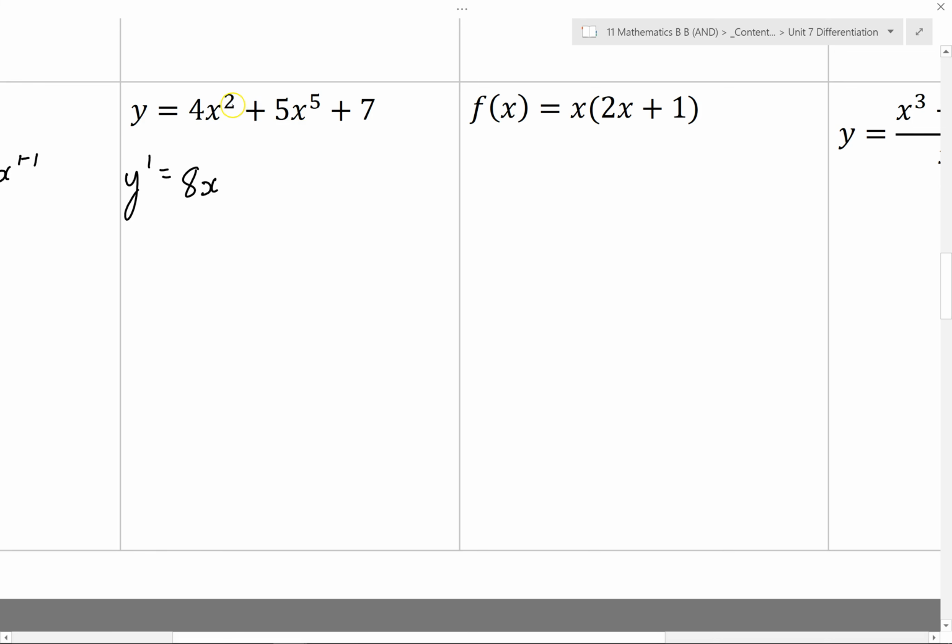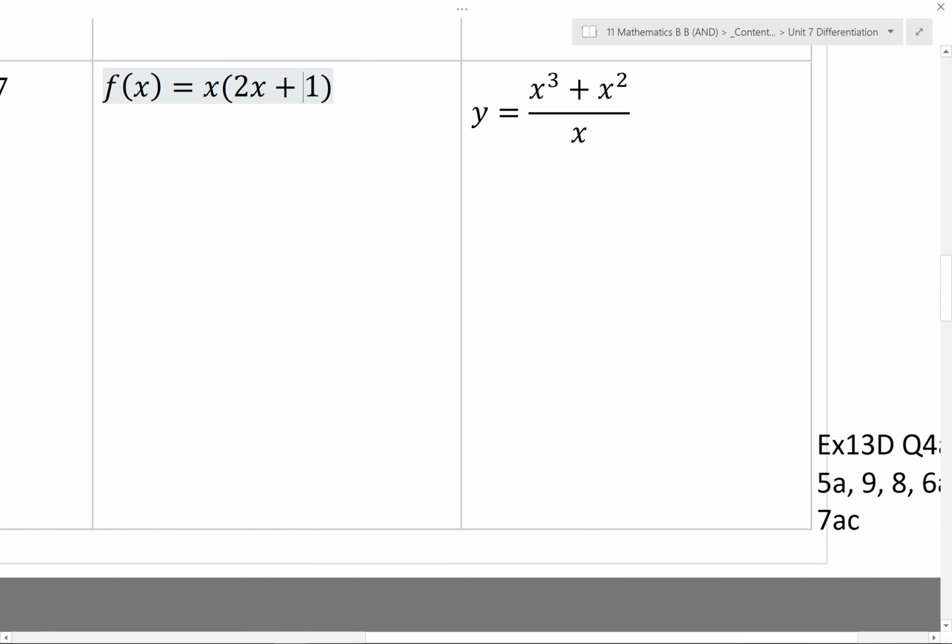So instead of x to the power 2, it'll be x to the power 1, but I won't write 1. Next one, coefficient 5, power 5, so 5 times 5 is 25, x to the power, reduce this power by 1, and I know if I differentiate a constant, I'll just get 0. So I could write add 0, but I'm not going to. I don't need to.